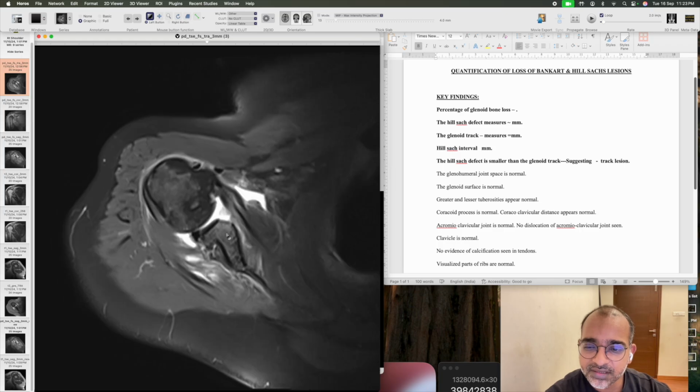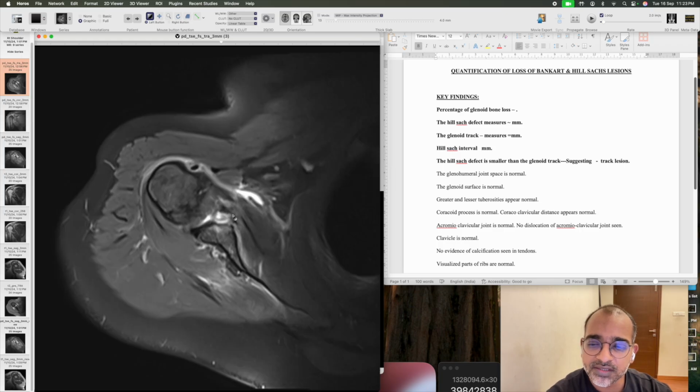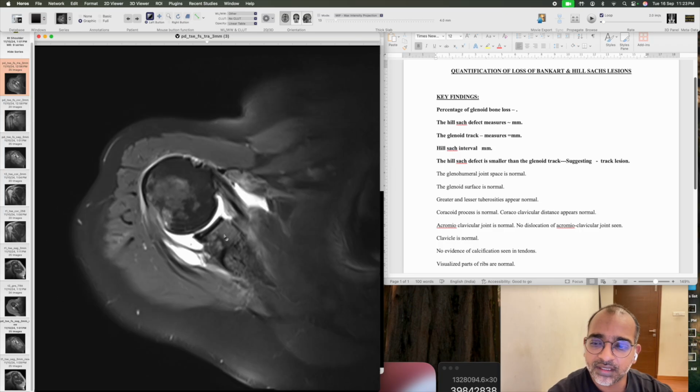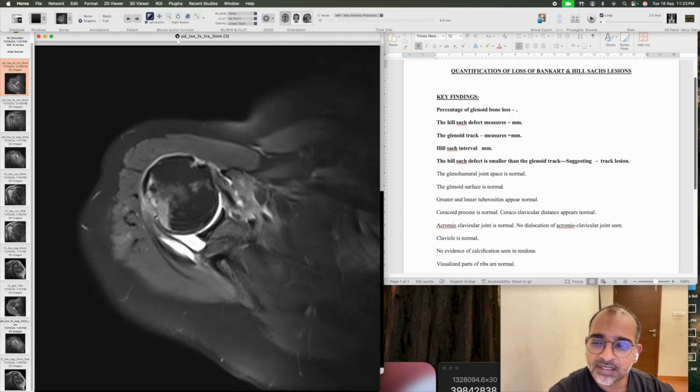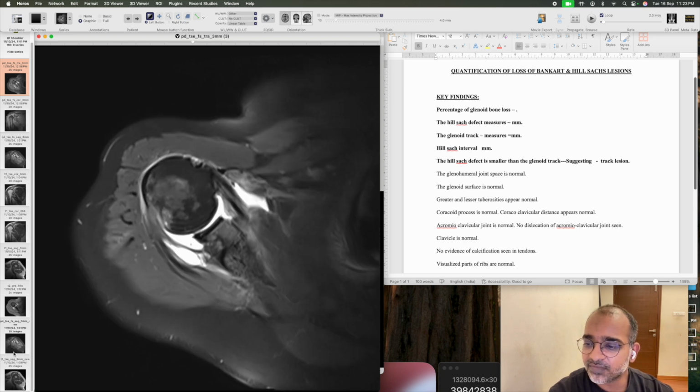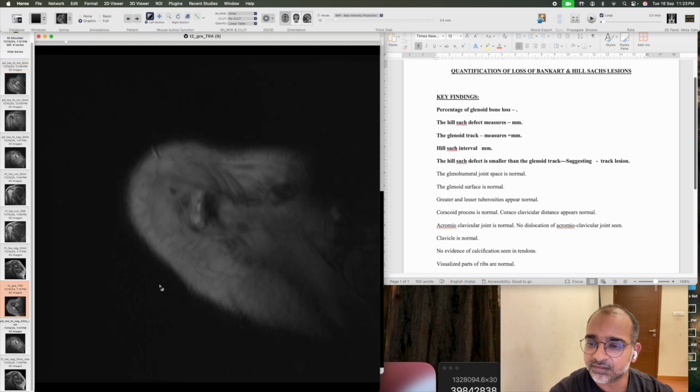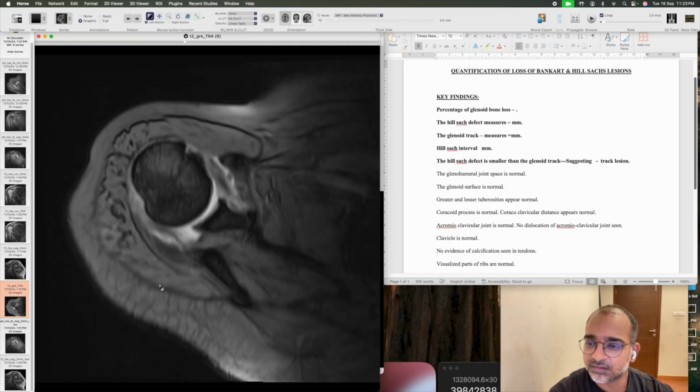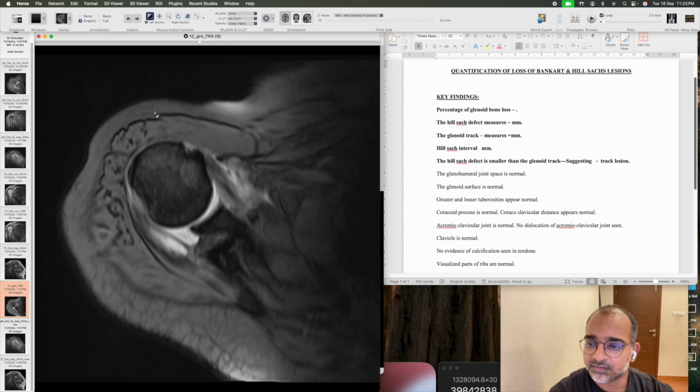Here we see there is a significant amount of bone loss in the anterior inferior bony glenoid, and we have a Hill-Sachs defect here. So let us redo the measurements. My Hill-Sachs defect width is approximately 9.2 mm.